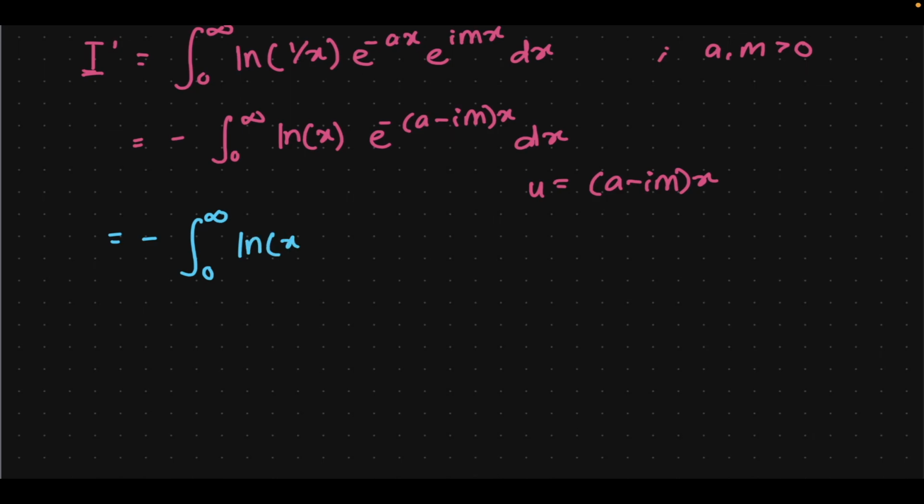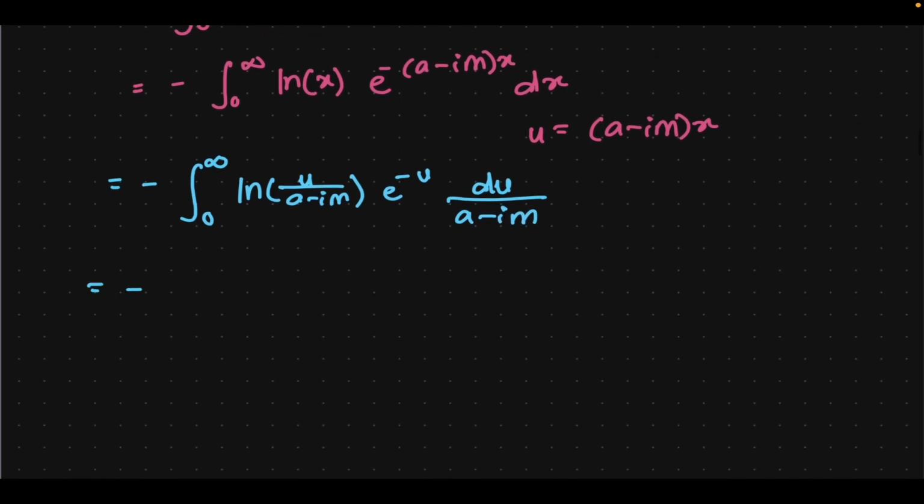So x becomes u over (a minus im), and e to the minus u du over (a minus im), which I can factorize.